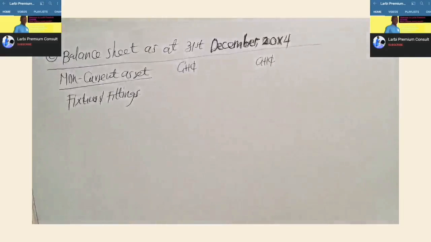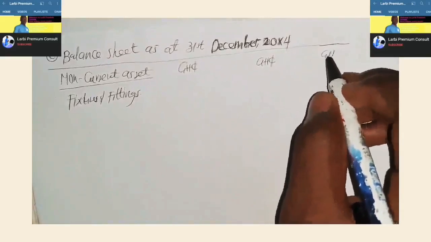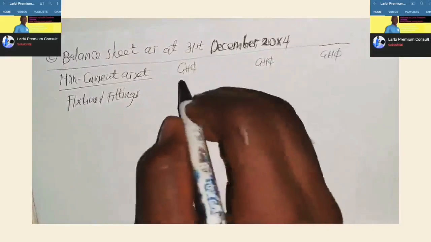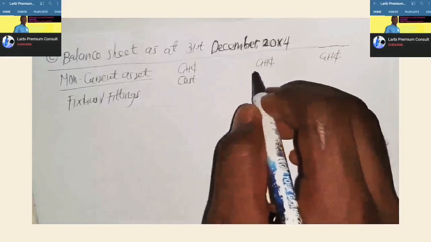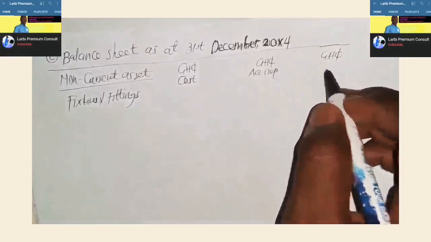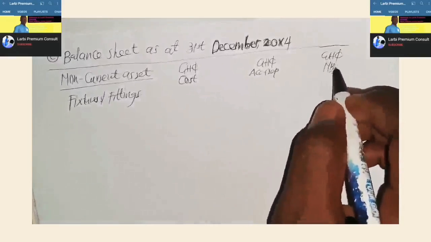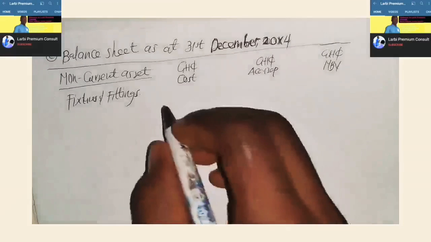In that, this is what we're going to do. Let me add another currency sign here, because we're always going to consider the cost, the depreciation, then the net book value. So fixtures and fittings, what was the original cost, the historical cost?